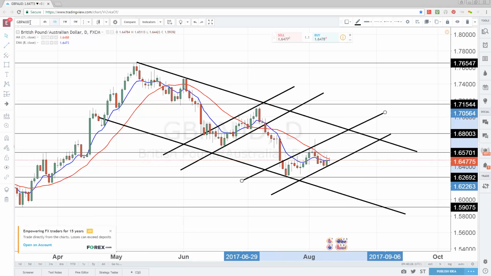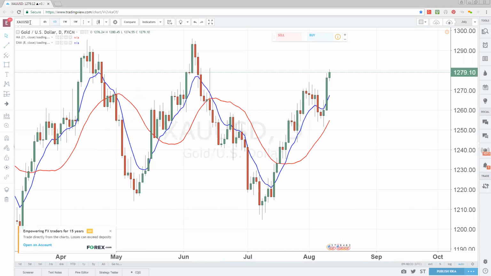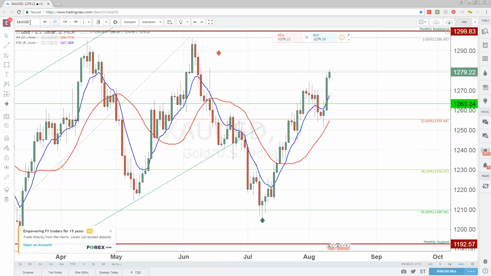Let's take a different pen. We're looking at gold.